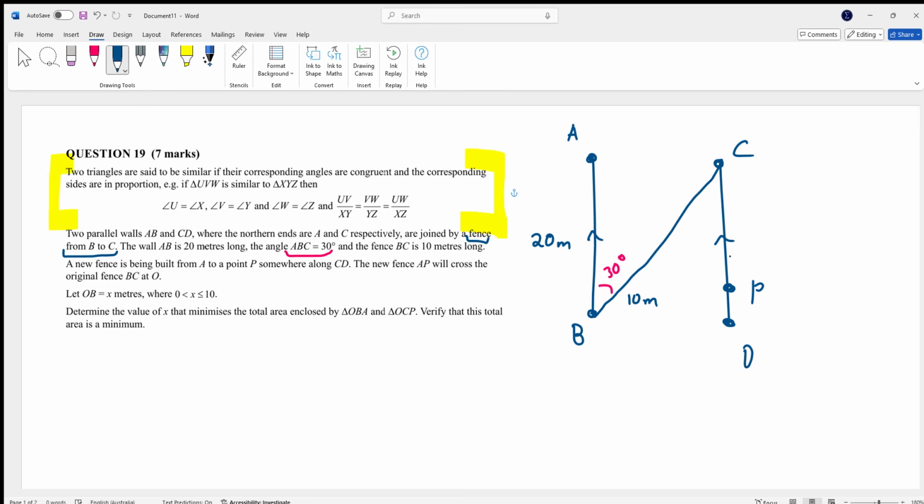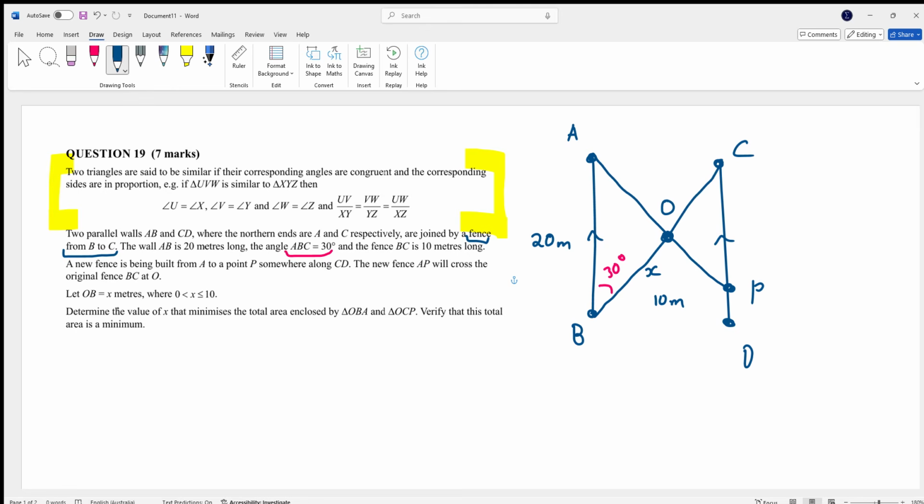P could be anywhere along this line here, but there is a fence going from A to P, and it crosses at this point here O. That's all they're saying at the moment. Okay. Let O to B be X meters. So B to C is 10 meters, but O, what did they say here? O to B, so this distance here is X.